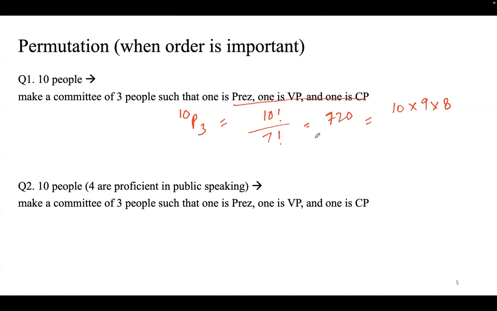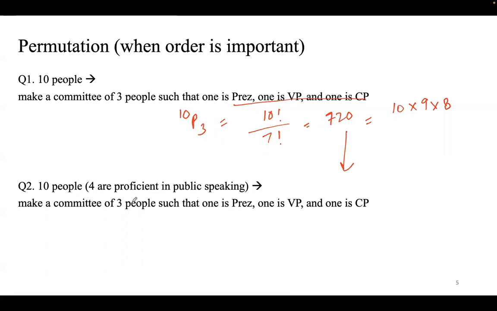If so, what? If not, why not? The number is not going to change because they have not asked that those people should be proficient or not. Yeah, true. Good point. That is absolutely the correct answer. So the answer remains the same.